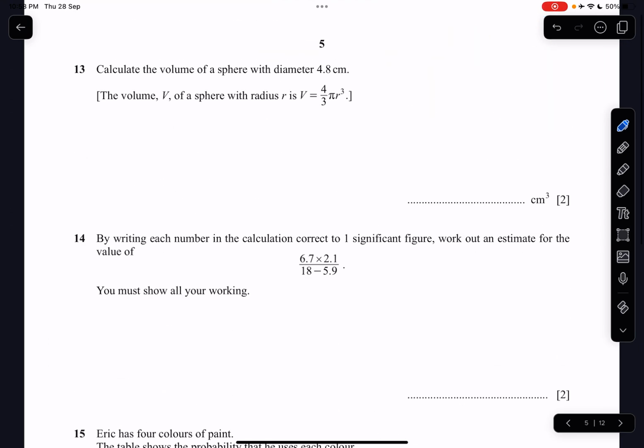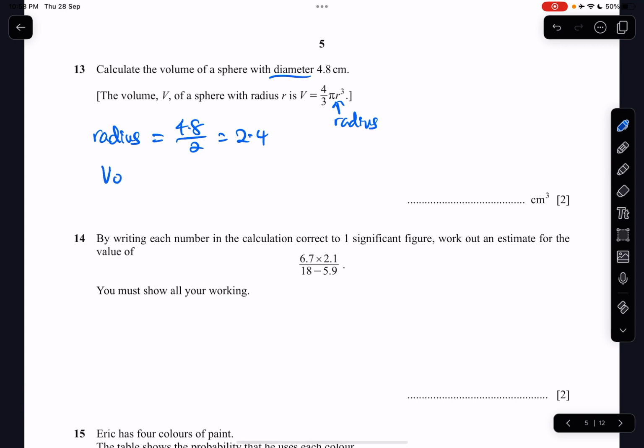Let's move on. Okay, question number 13. Calculate the volume of a sphere with diameter 4.8 cm. The formula is given to us. This is the diameter, but the formula requires the radius. So the first thing I should do is compute the radius, which is half of the diameter, giving me 2.4.